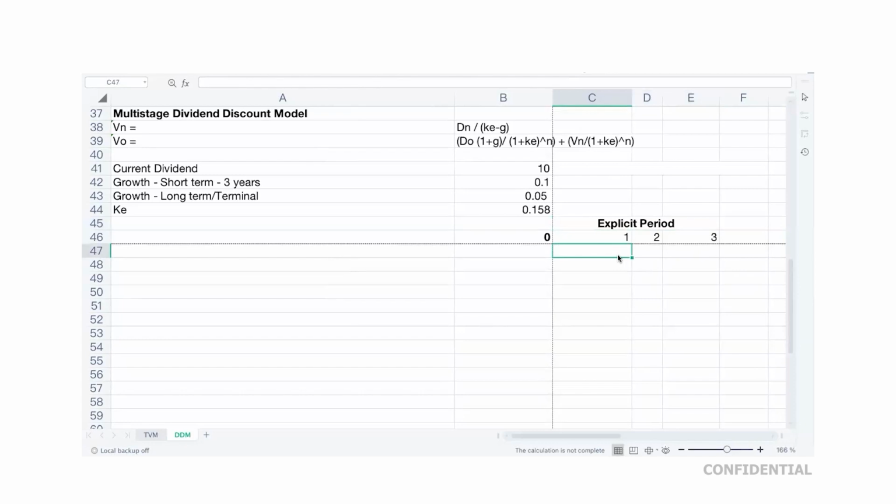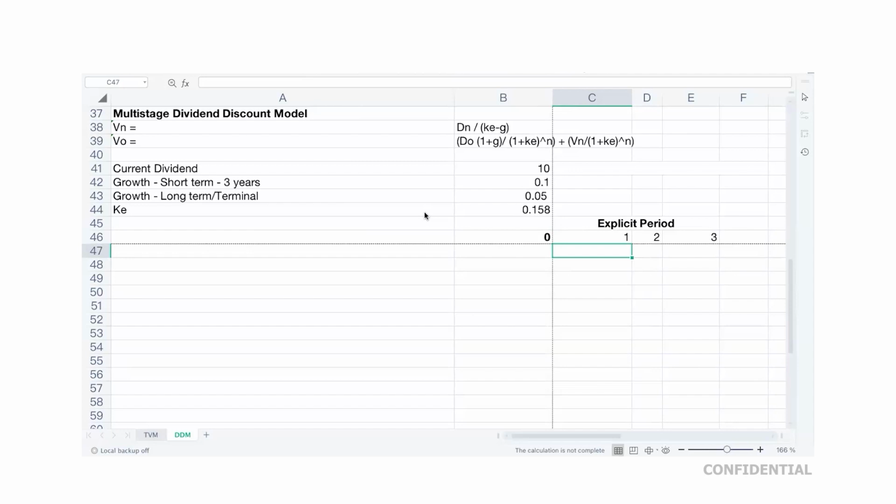So when we talk about the explicit period, a forecaster can forecast up to certain years, and beyond that he will not be able to. The period for which the forecaster is able to forecast a company's future is called the explicit period. Whatever period remains is called the terminal period, till the perpetuity of the company, till the company exists.